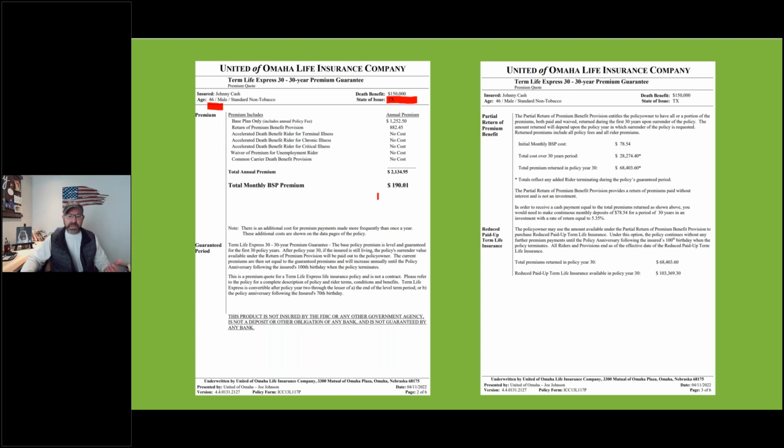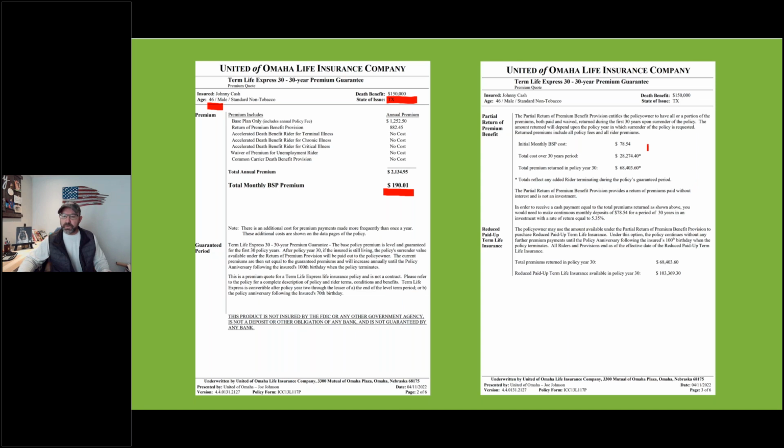This is with the ROP. The plan premium is $190 a month. The base premium is $1,200 on an annual basis, and then the return of premium is $882 a year. That's what it's costing them extra each year to be able to get their money back.